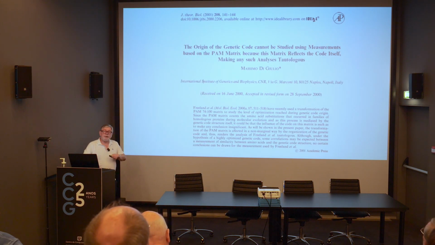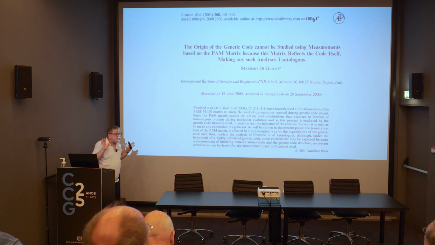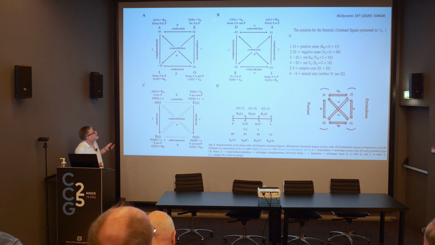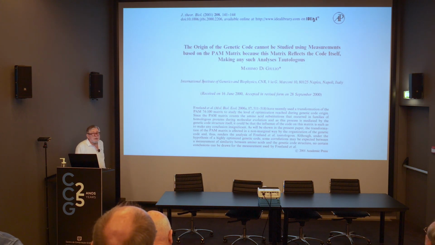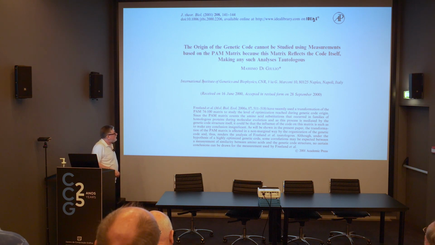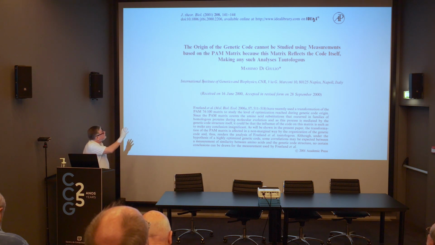Now I have to hurry a bit because Massimo Di Giulio addressed some time ago, oops, sorry. So in 2001, one problem, and that is the problem of tautology. And he said, the title says most of it, the origin of the genetic code cannot be studied using measurements based on PAM metrics because it reflects the code.